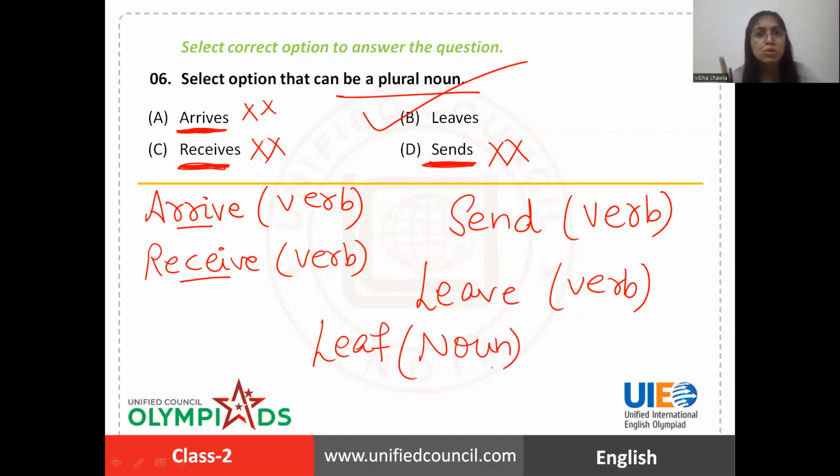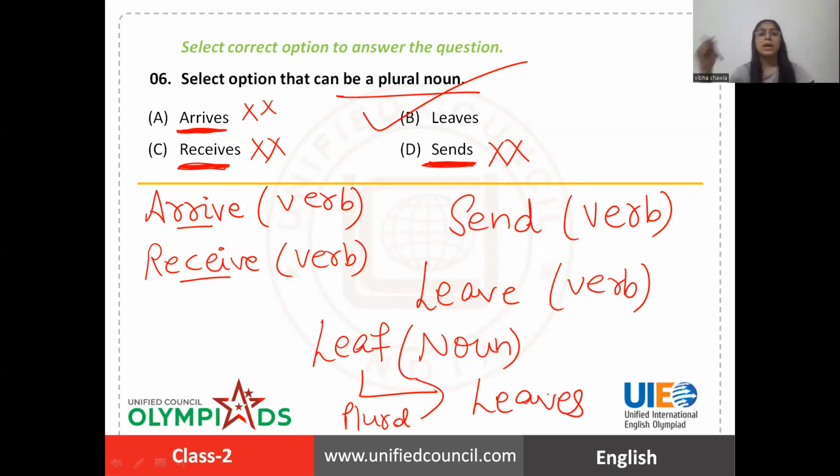There is a noun also, leave, the plural form of which is leaves. So that's why leaves is an option here which can be a plural noun. Leaves can be a singular verb, of the plural verb leave, but it is a plural noun also. It is the plural of the noun leave. Leave is a singular noun. Leaves is a plural noun. So definitely the right answer is option D.